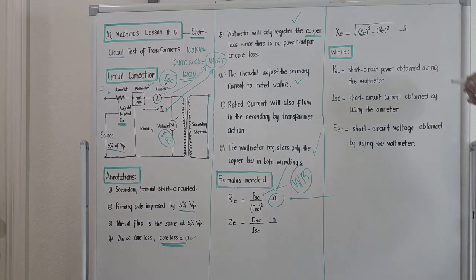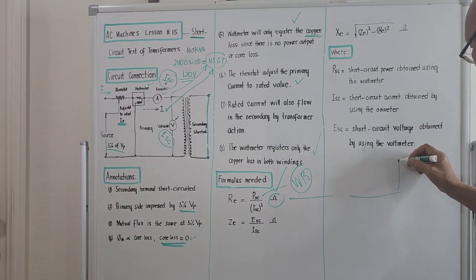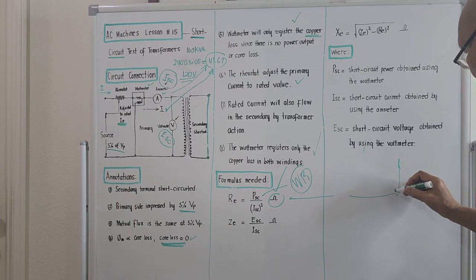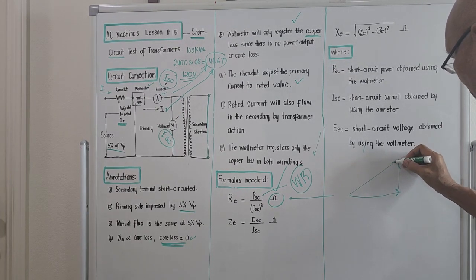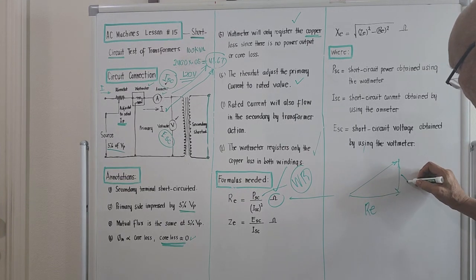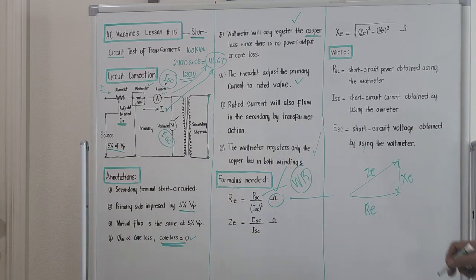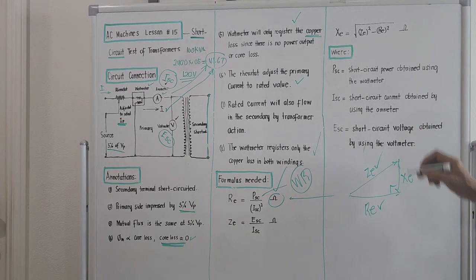For the reactance, no problem with the reactance. This is RE, this is XE, and this is ZE, right? A right triangle. We computed this one already. We computed this one.